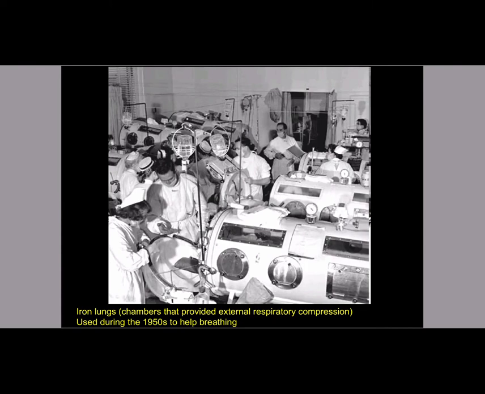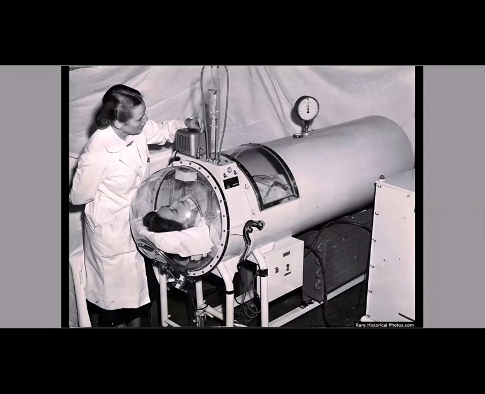There were many epidemics of poliomyelitis, and children and adults had to live inside this iron lung because they couldn't breathe. This patient is very old. It's not a child, I mean, and she was living in the iron lung forever because of paralysis of the respiratory muscles.